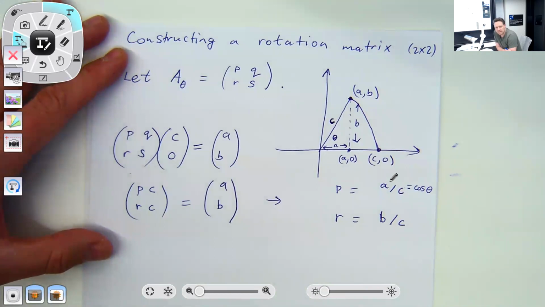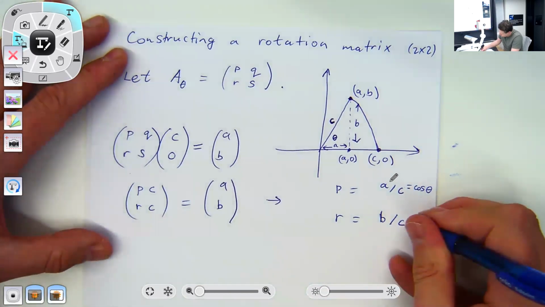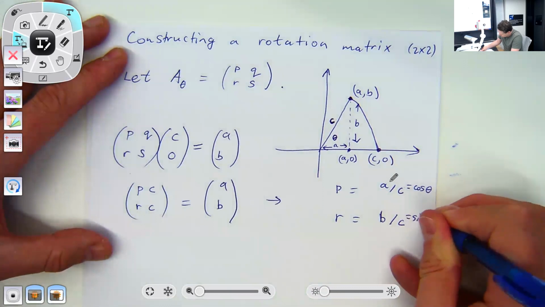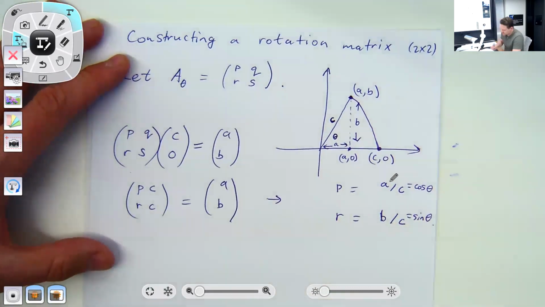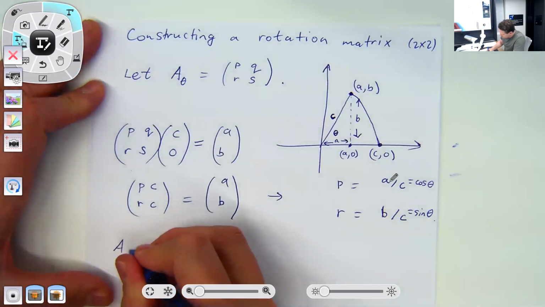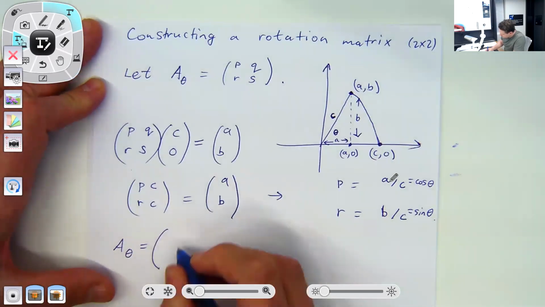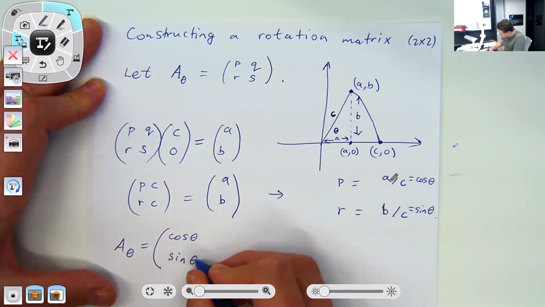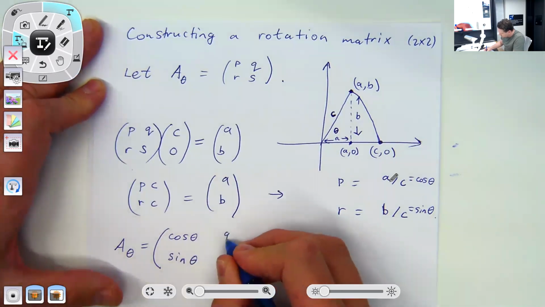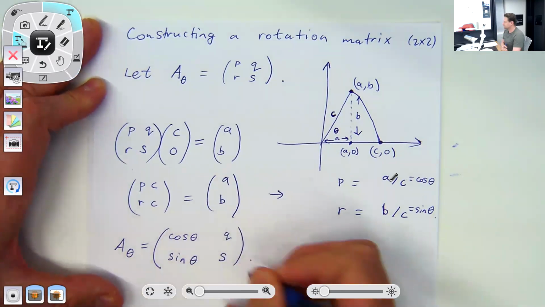So B over C, well, that's sine theta. Okay, great. So we're nearly there. So what we've deduced so far is that A theta is equal to cos theta, and then down in the bottom row, first entry, we've got sine theta, but we still don't have Q and S, right?